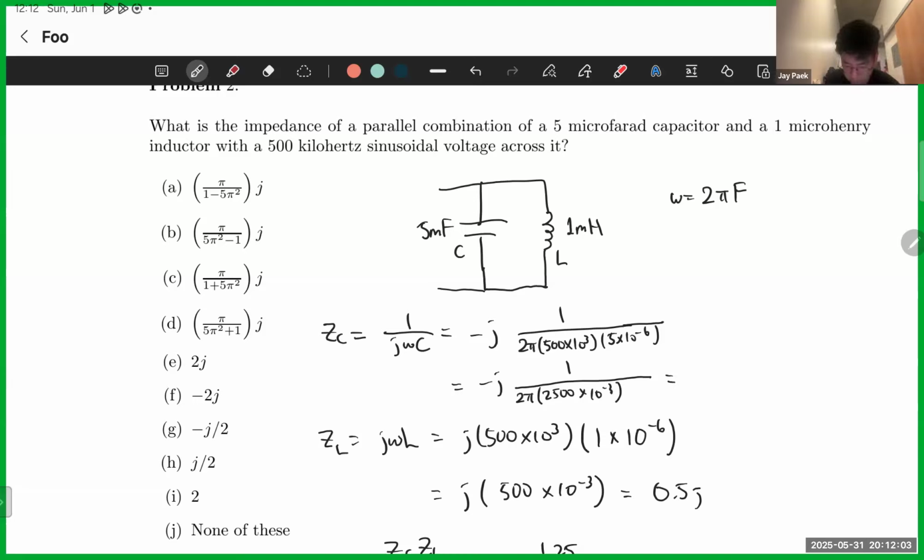And then what we can convert this to is negative j, sorry, maybe I'll keep the 1 over 2 pi over here. And then this will be 1 over 2.5, which is just 5/8. No, 2.5. 1 over 2.5 is not 5/8, it's actually 2/5. Thank you for correcting.